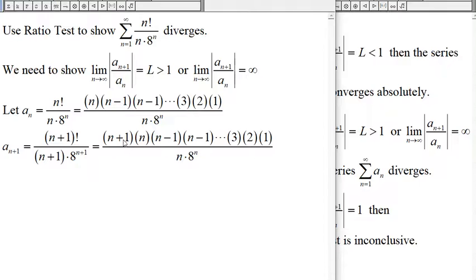And then 1 less, we get n. 1 less, we get n minus 1. And then here we get n minus 2. That should be n minus 2. And then here we get n plus 1. And then a to the n plus 1 is the same as a times a to the n times a to the first.